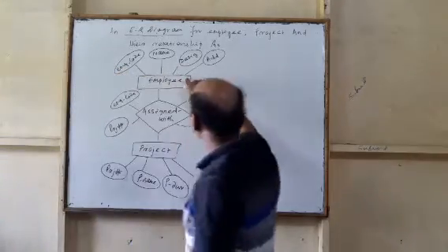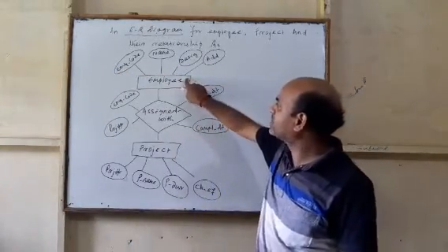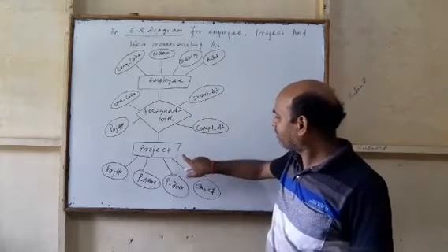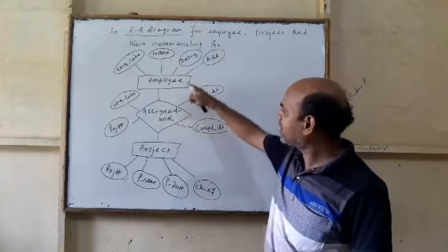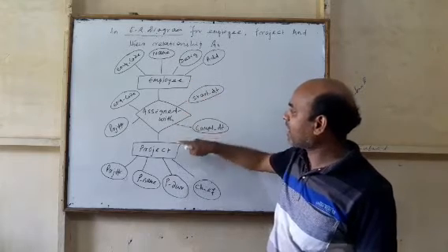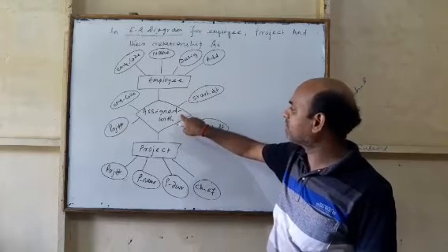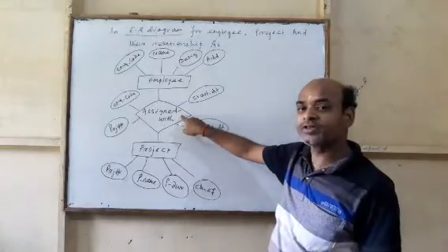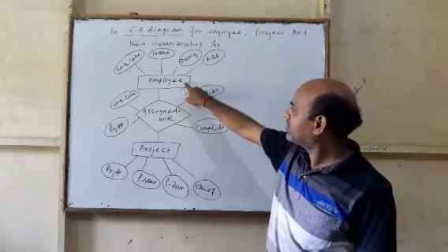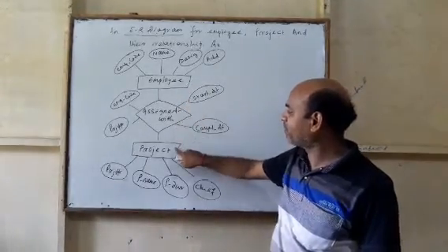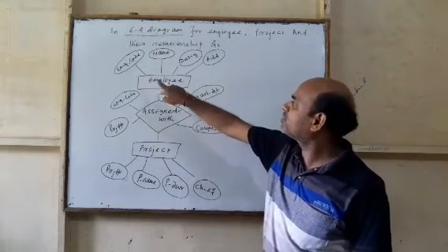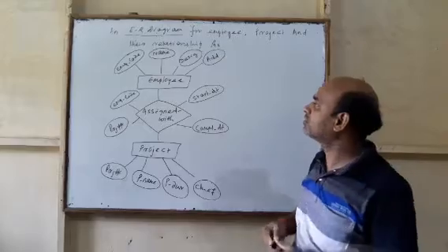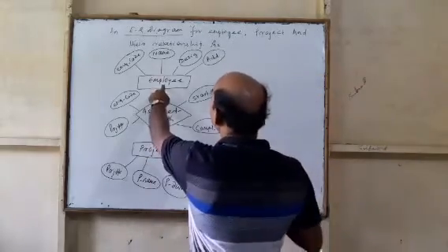So employee is an entity and project is also an entity. This employee and project are interlinked, related with this relation, assigned with: an employee is assigned to a particular project. These entities are described by the corresponding attributes.